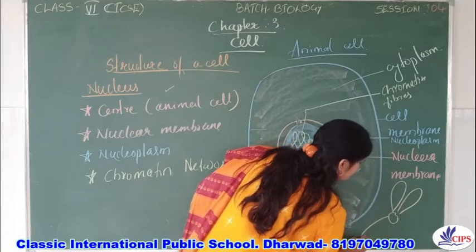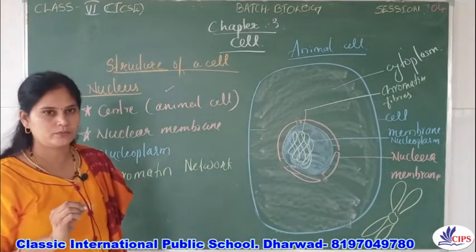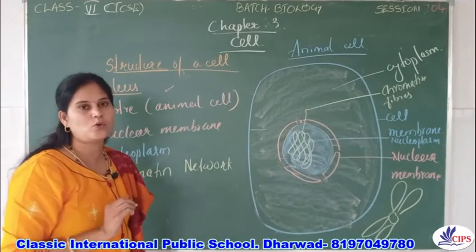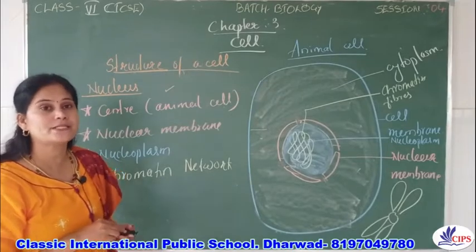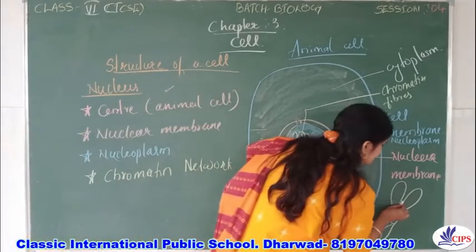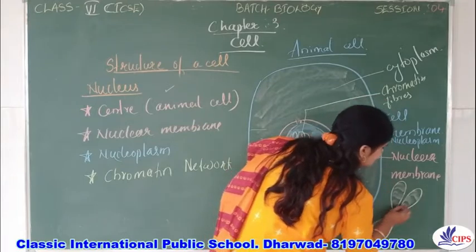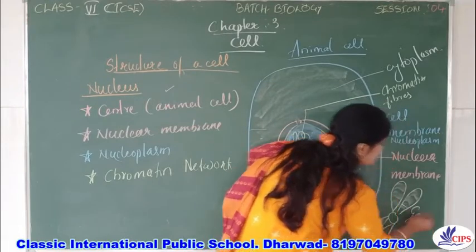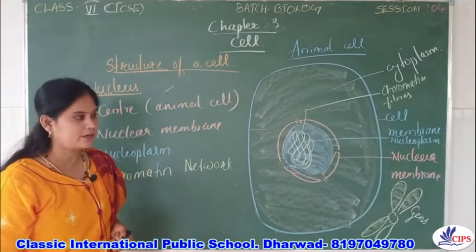Okay, and this structure is called a chromosome, right? And on the chromosome, some hereditary units are present, and these hereditary units are called genes. What do you call this one? Genes, not the jeans that you wear.